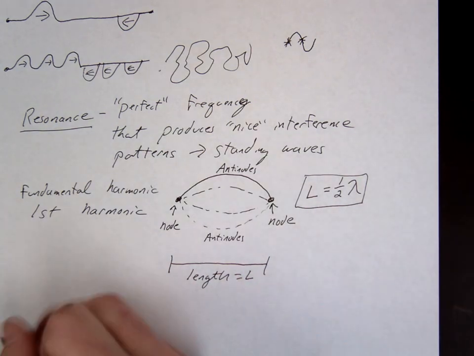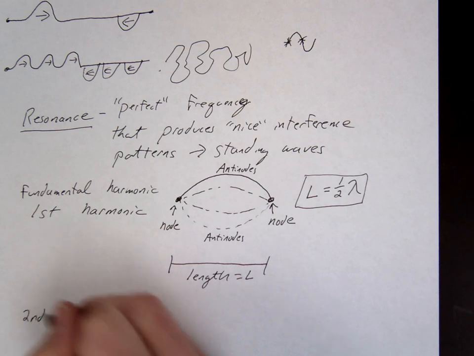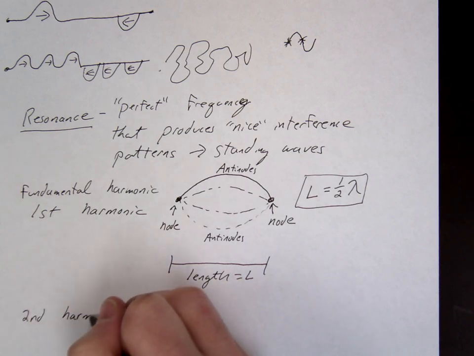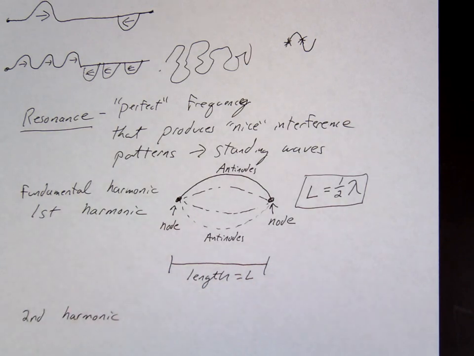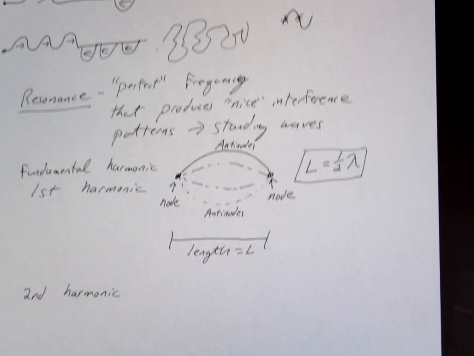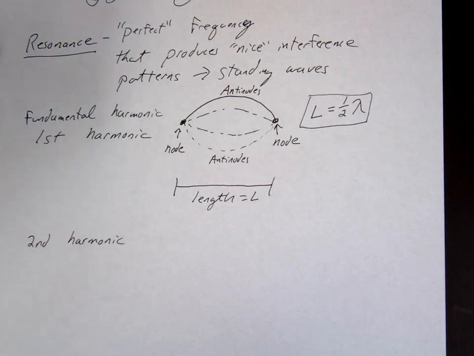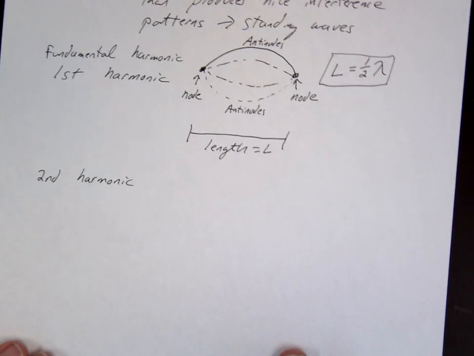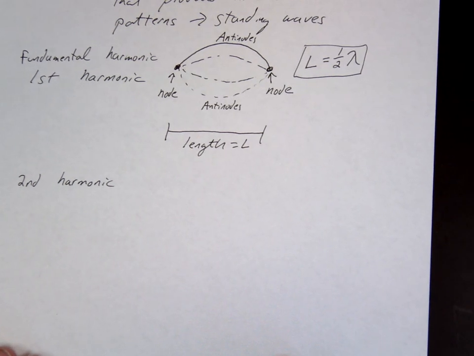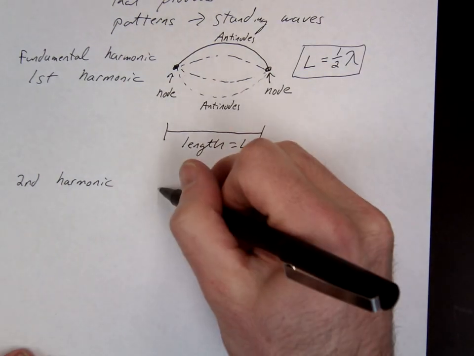Let's look at our second. So our second harmonic is going to look like this. Now remember, the length is still the same. It's still the same string.